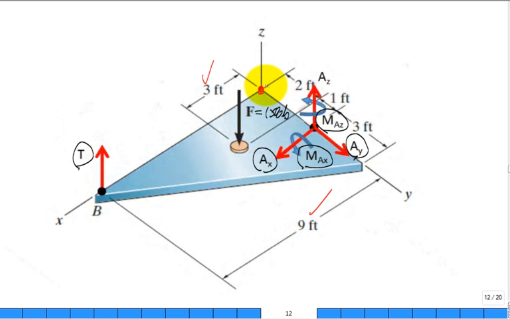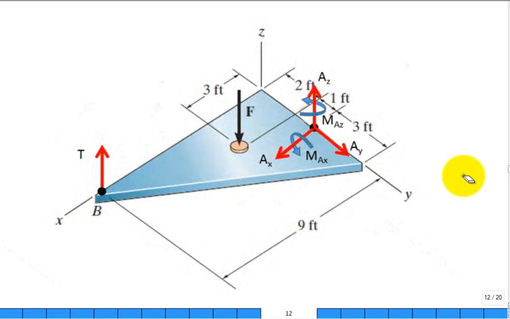How would you solve for the tension? Is there any way to get the tension with one equation and one unknown before I know any of these AYs or MXs or anything like that? Is there any way to do that? Maybe, maybe not. There is. All right. How would you do it? Sum of the moments about the y-axis.